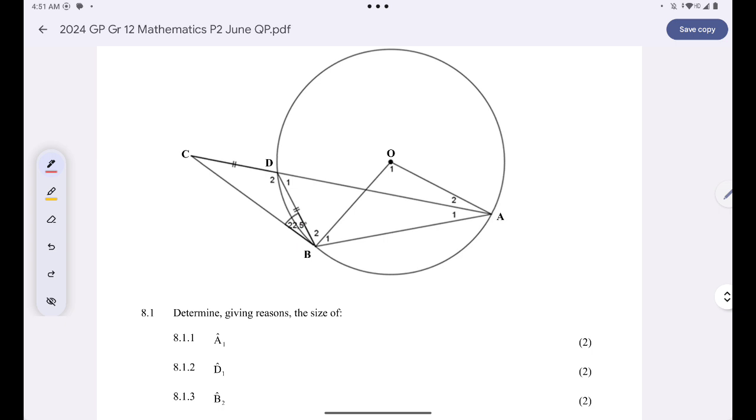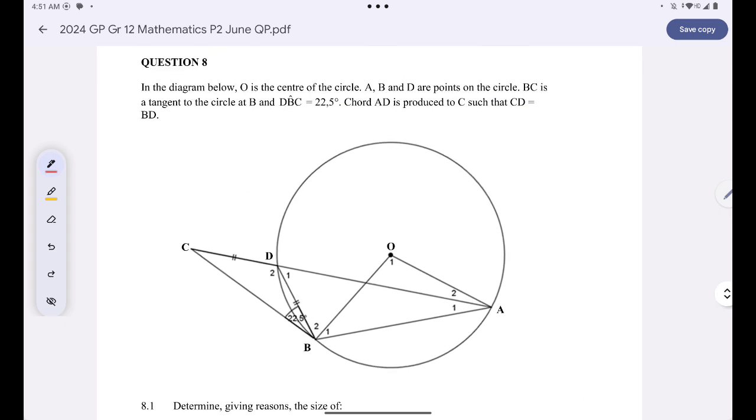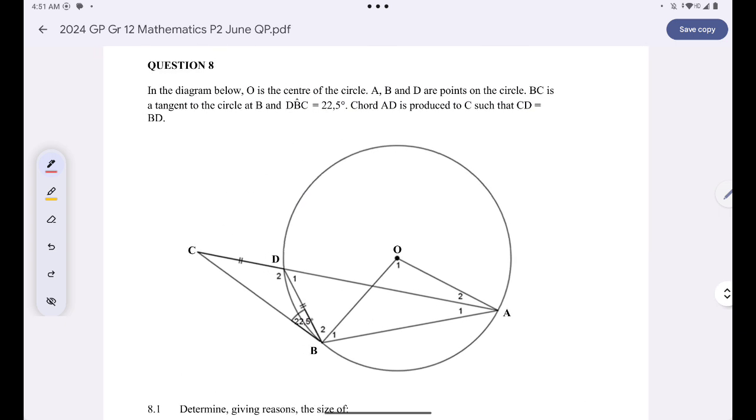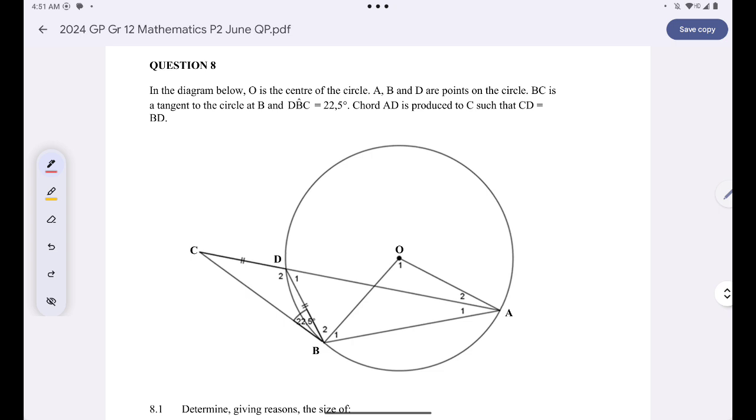Okay. Determine, giving reasons, the size of angle A1. Please remember that we were told that CD is equal to PD, right? This was given to us.